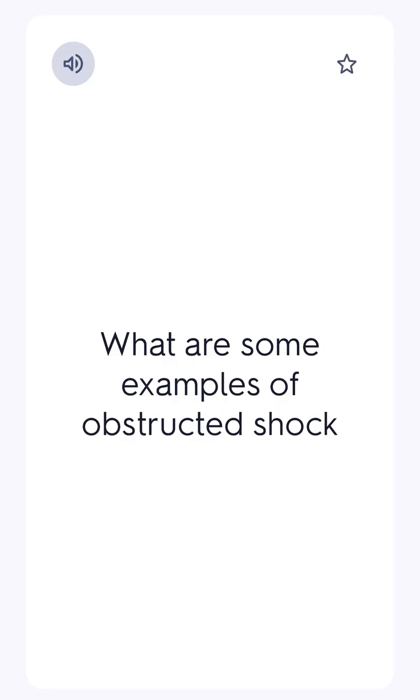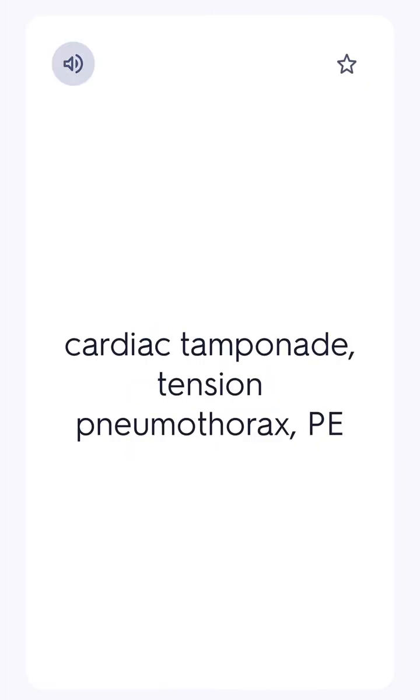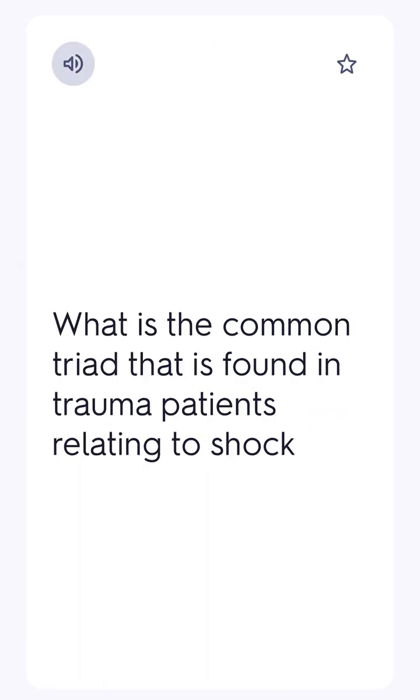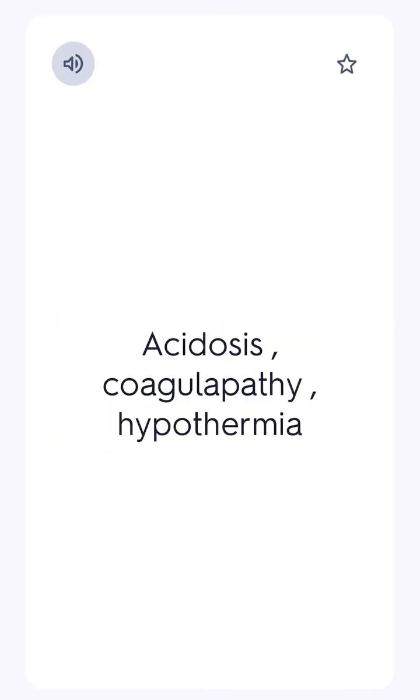What are some examples of obstructive shock? Cardiac tamponade, tension pneumothorax, PE. What is the common triad found in trauma patients relating to shock? Acidosis, coagulopathy, hypothermia.